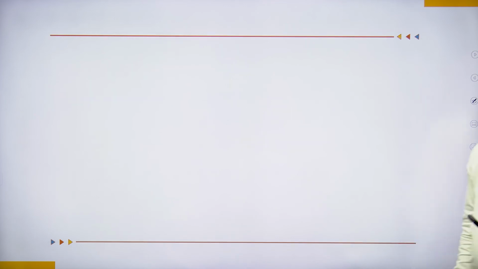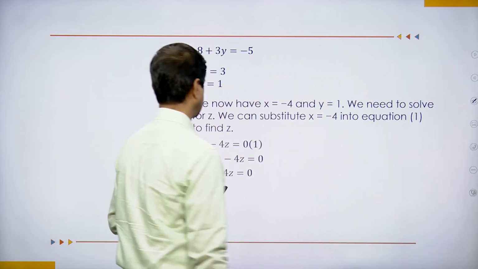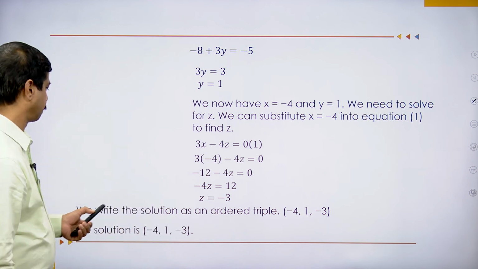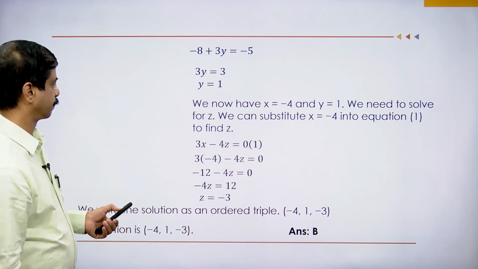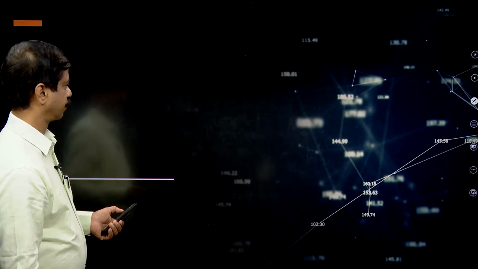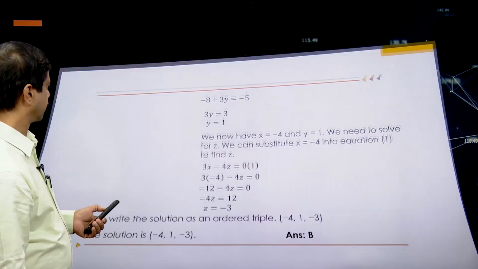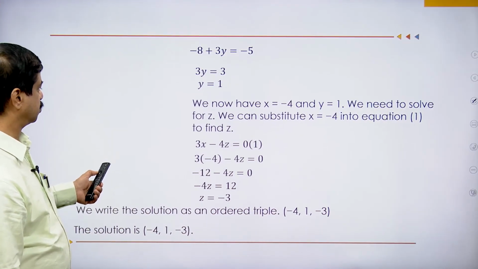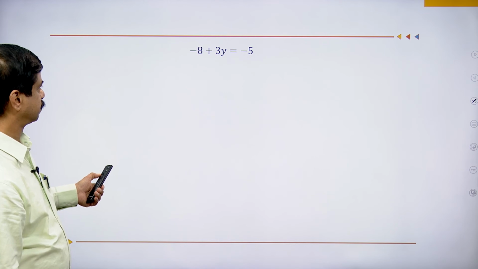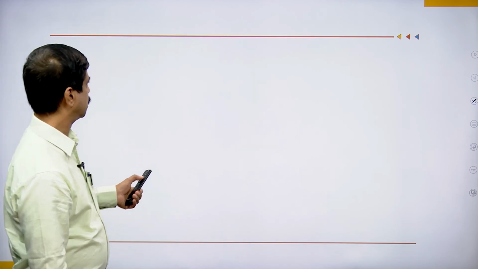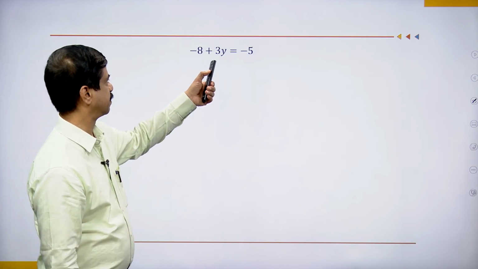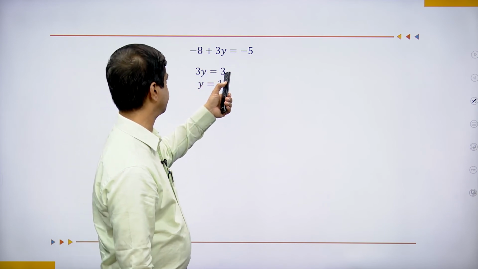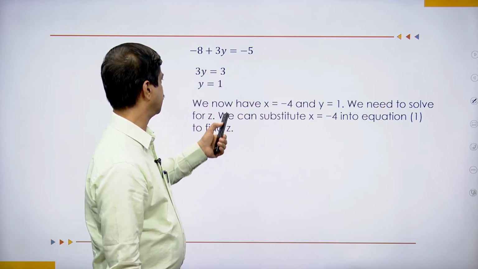Okay, let us go to the next question. This is all the same. Yeah, this is another method, students. You can understand this here. If you look at this, minus 8 plus 3y equal to minus 5, so 3y is 3, y equal to 1.